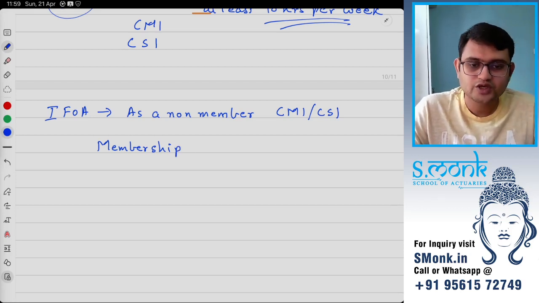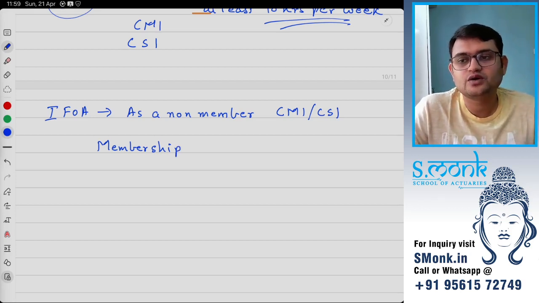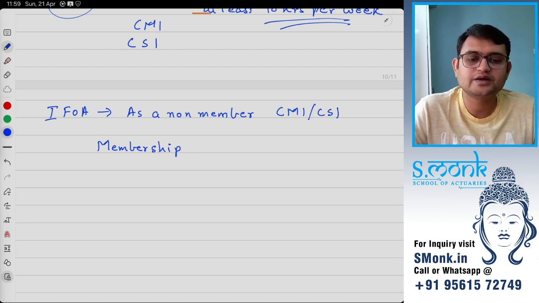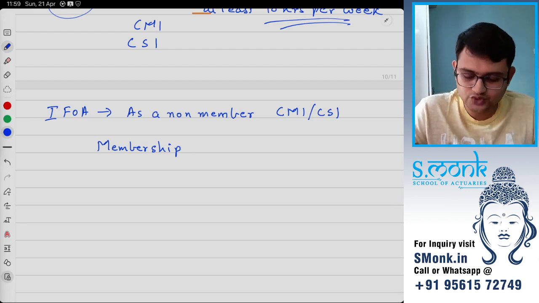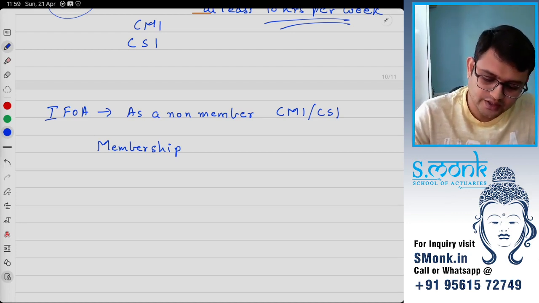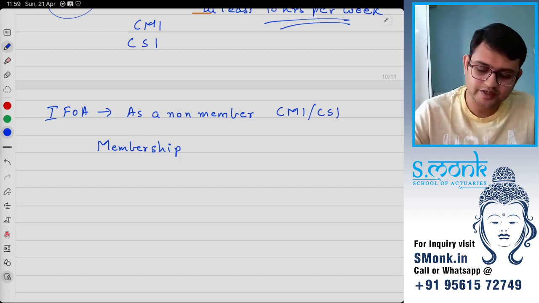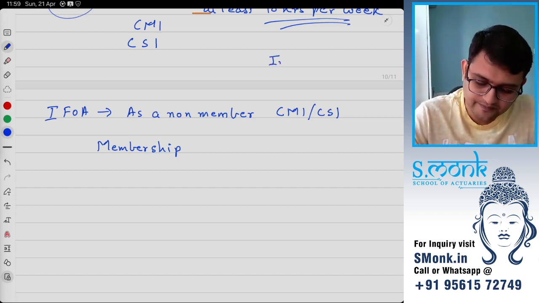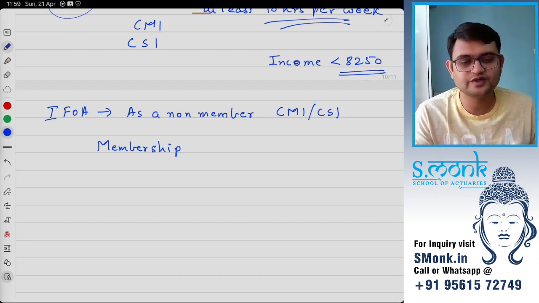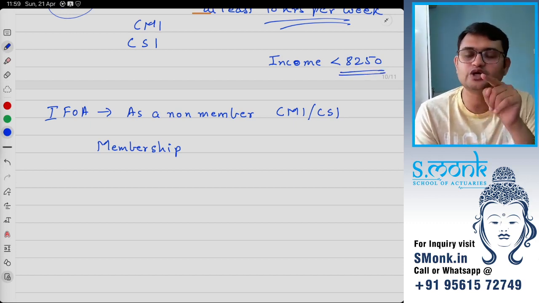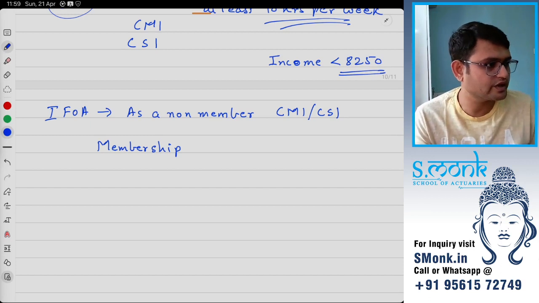Then membership. Now I'm assuming almost everybody here is a student. If not, there is an income limit. If your income is less than 8,250 pounds, and it is your income, not your parents' income, then you are eligible for reduced rates per annum.